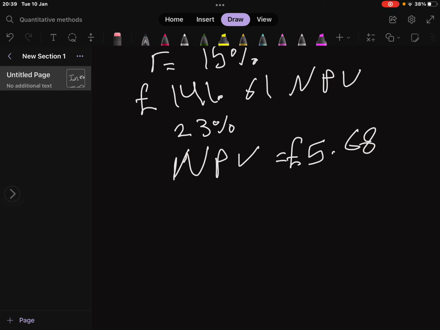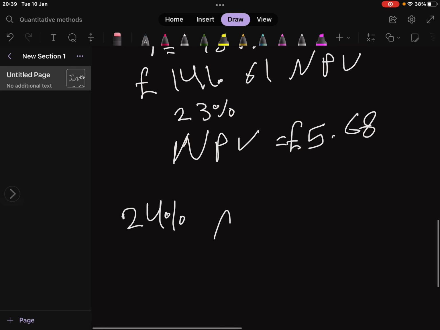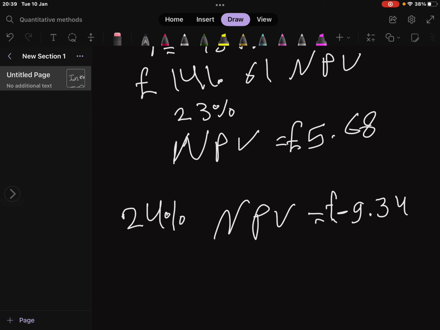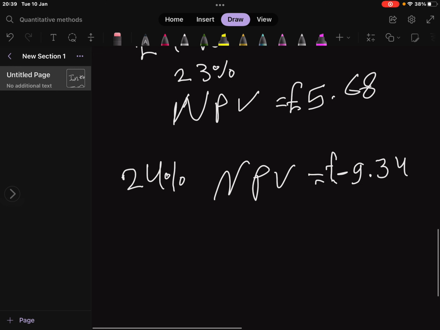If I try a discount rate of 24%, NPV will equal minus £9.34. So the net present value becomes negative. So we have here a discount rate that makes the net present value a positive number, and another discount rate that makes the net present value a negative number.